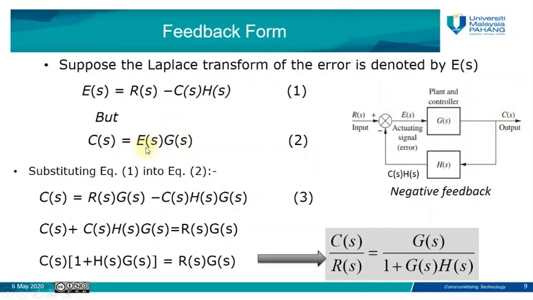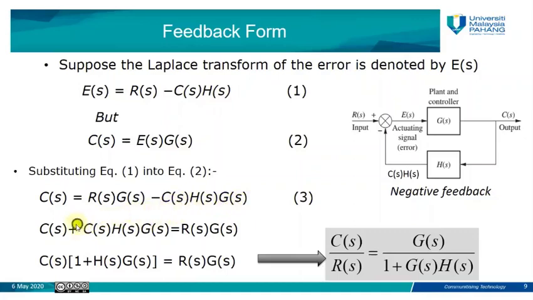By substituting the value of equation 1 into equation 2, that means I replace ES here by the value of ES in equation number 1, it becomes CS equal to RS times GS minus CS HS times GS. So we got this equation number 3.